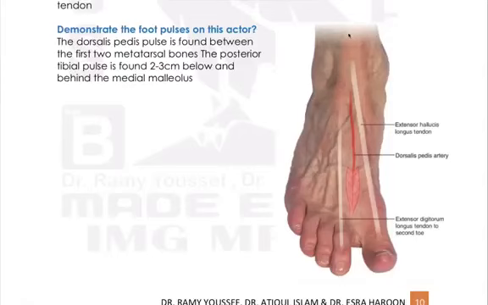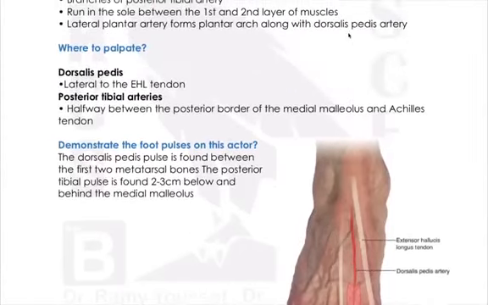Is it clear about the dorsalis pedis? Yes, sir. Can I explain? The dorsalis pedis should actually be palpated just before the first intermetatarsal space over the navicular bone, just lateral to the extensor hallucis longus.